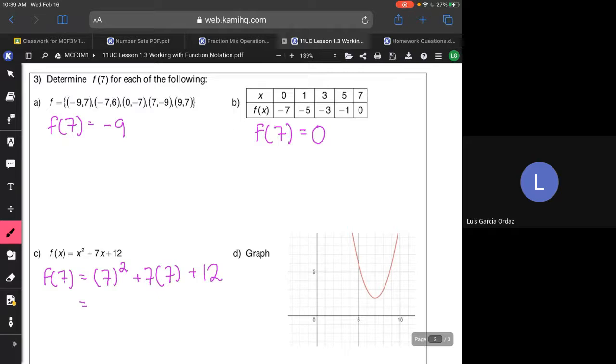What's 7 to the power of 2? 49. Now 7 times 7 is 49 plus 12. So who can tell me what f of 7 gives me? Olivia? 110.